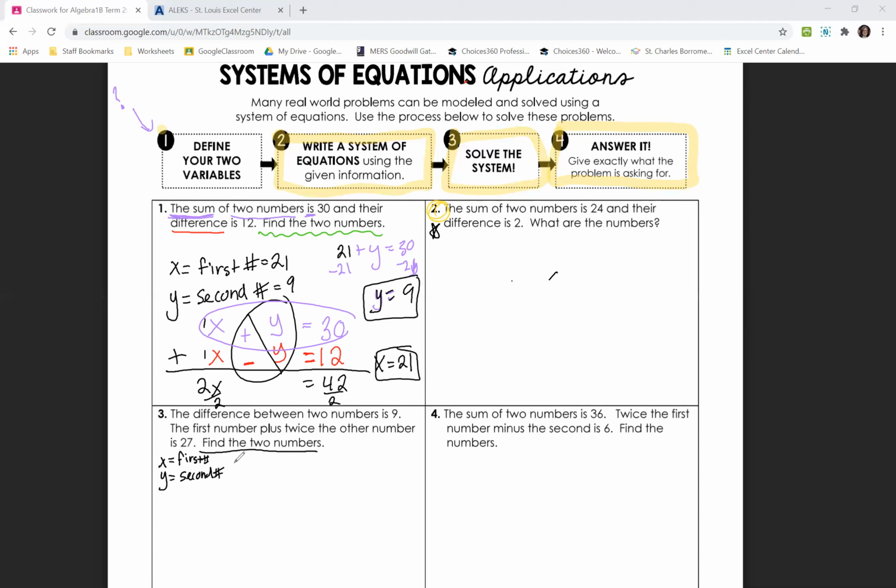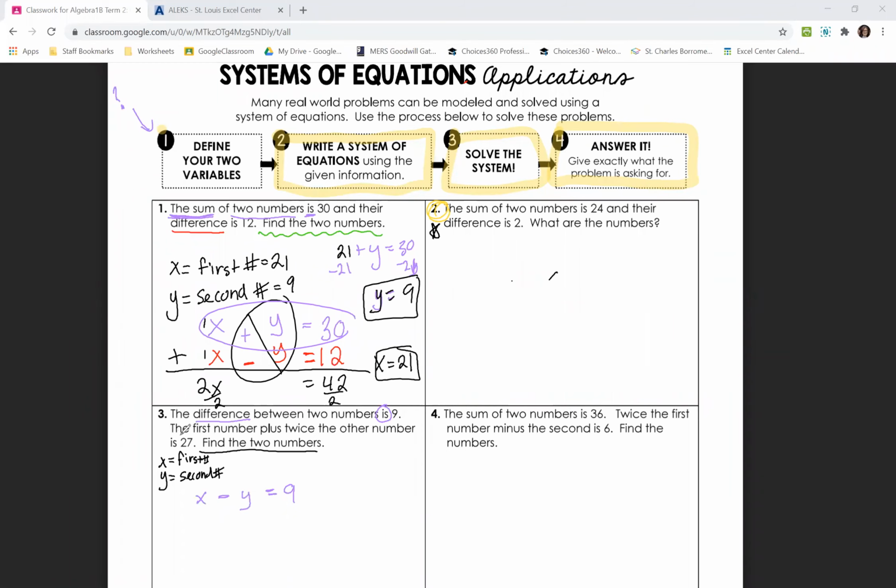Let's go ahead and build our equations. First they say the difference, so I know this is going to be a subtraction problem, between two numbers is, that's an equal sign, always an equal sign, 9. So the difference of my two numbers, x and y.